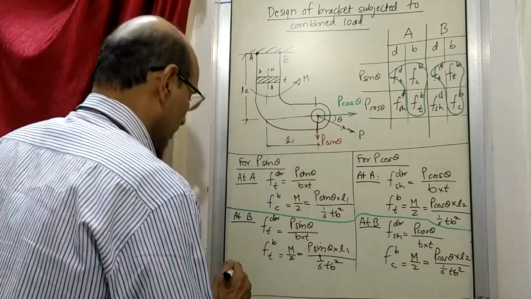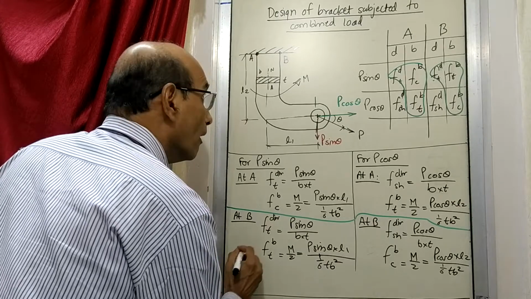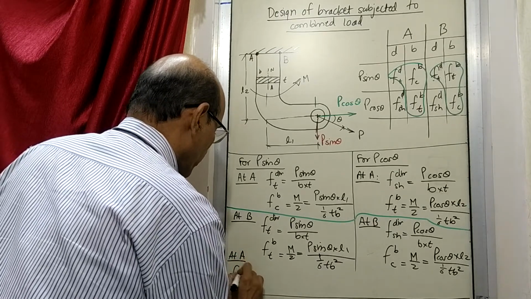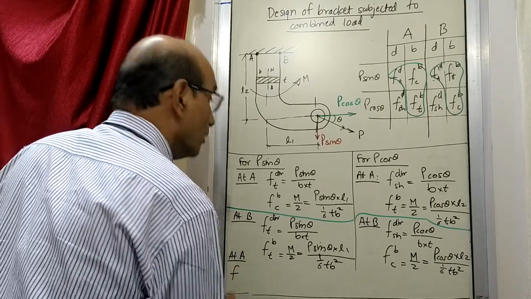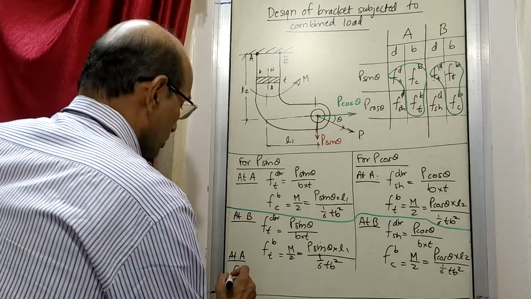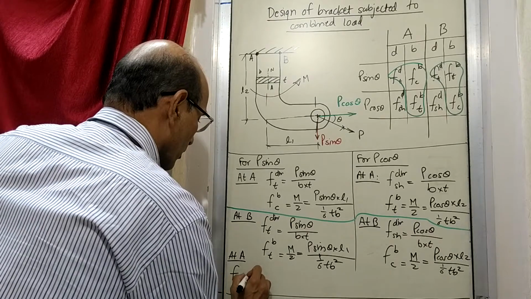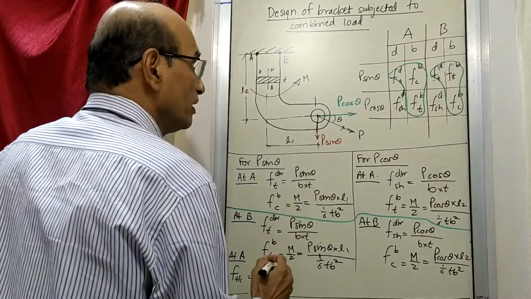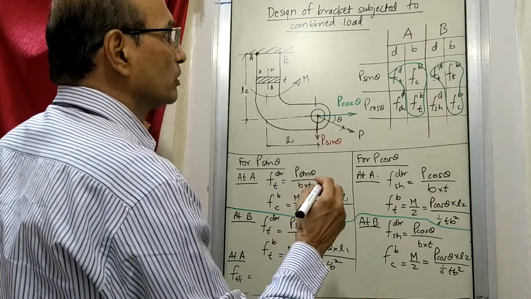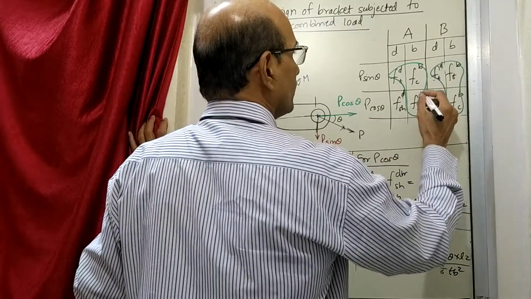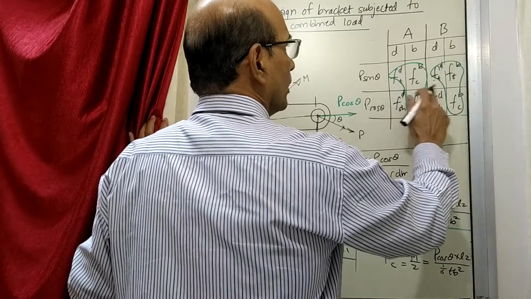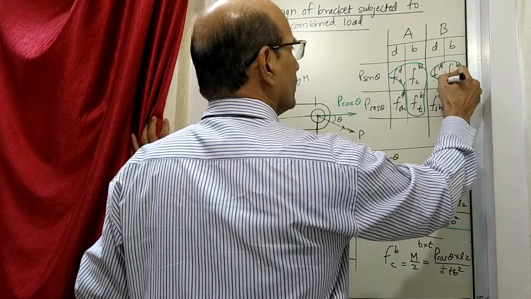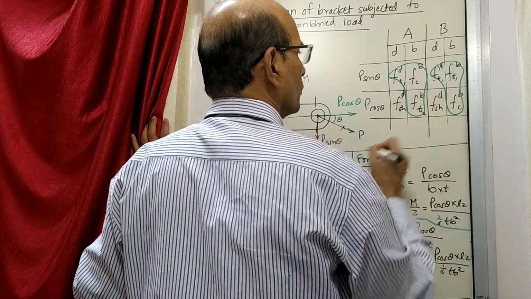At A, T or C, depending on what it is equal to, now these three things I am writing, if T, I will do one more thing here, I'll call it T1, T1, T1, and this will be T2.